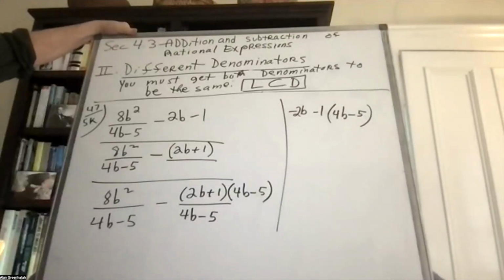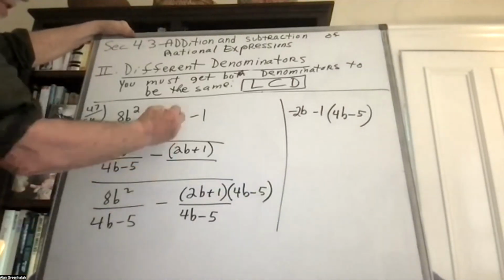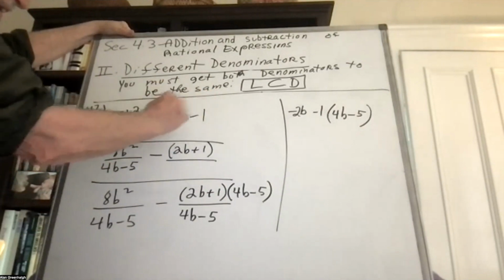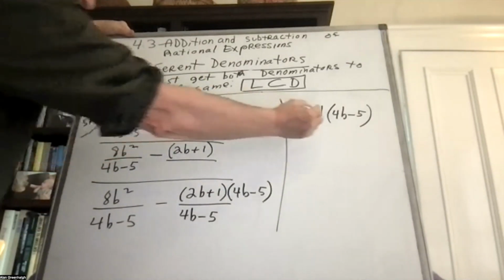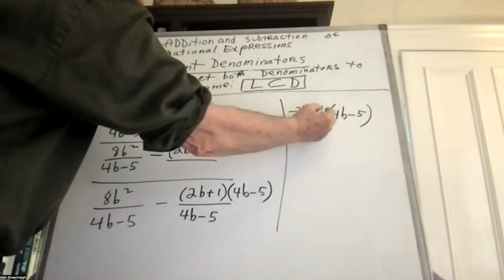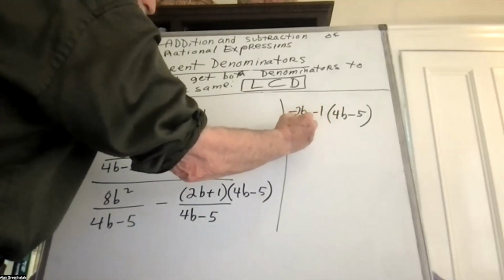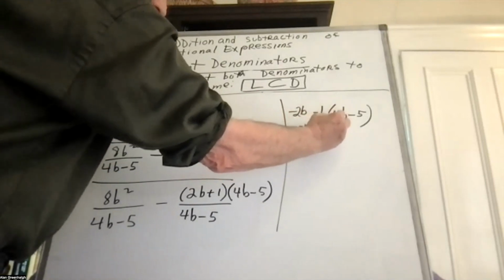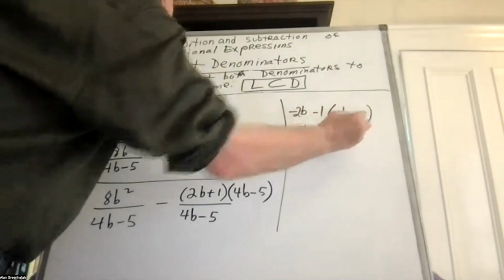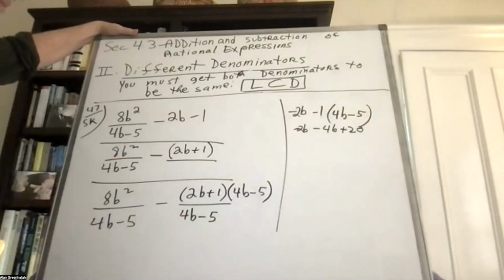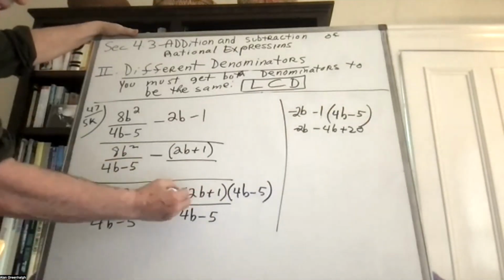You can't do it, because it's a whole thing up here. This is a whole thing. Here, you would just be multiplying the negative 1. This would be negative 2b minus negative 4b plus 20. That's not what it is.